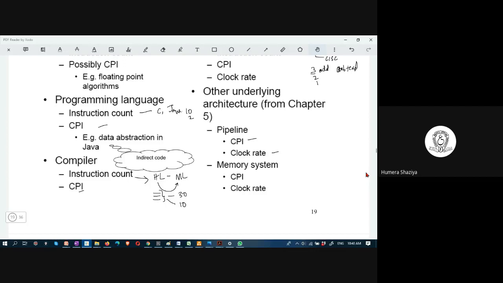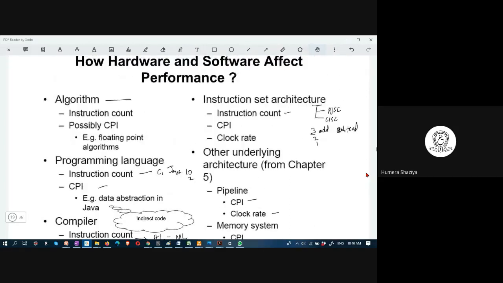And the memory system also plays a very significant role. If it is a very fast memory, it takes less time. If it is slow memory, it takes more time. So all these are the hardware and software factors that affect the performance.